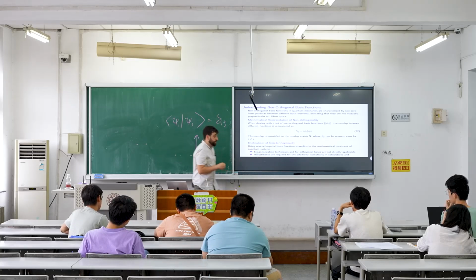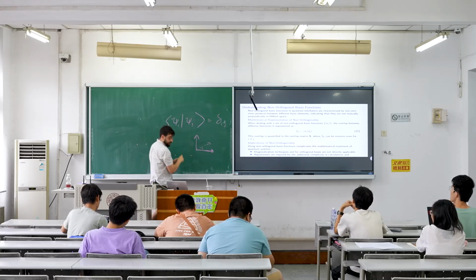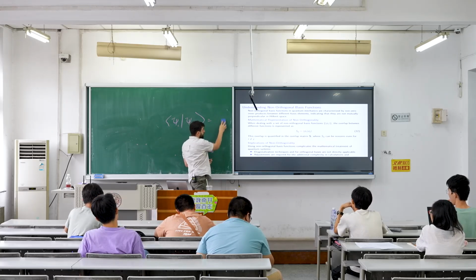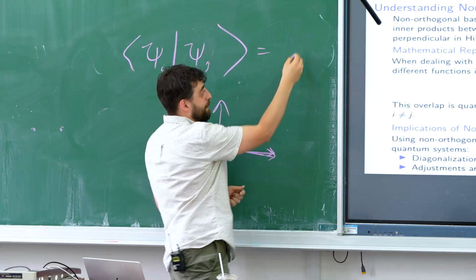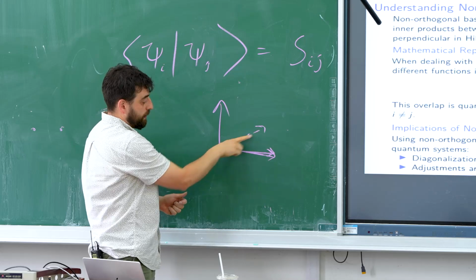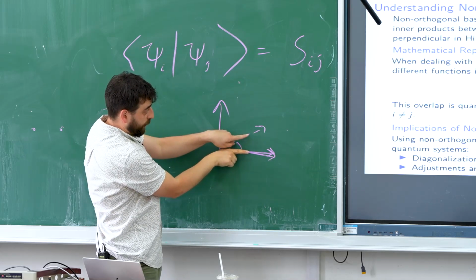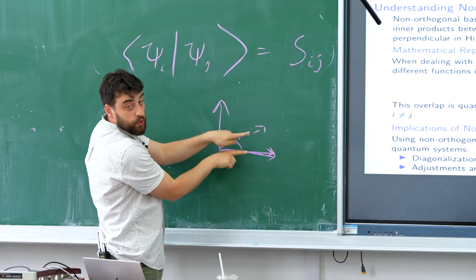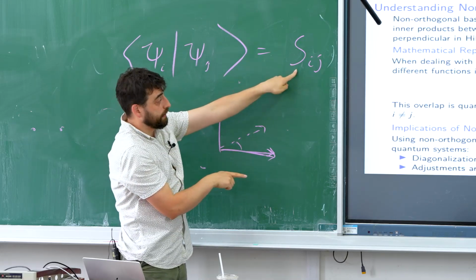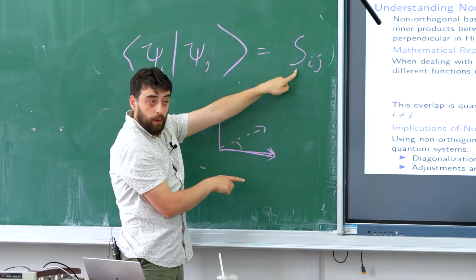What this means is that, instead of a Dirac delta function, we get a matrix of overlaps. Because these vectors are non-orthogonal, the overlaps are between 0 and 1, and so our overlap matrix is a matrix of numbers between 0 and 1.